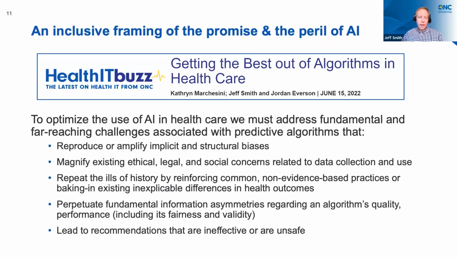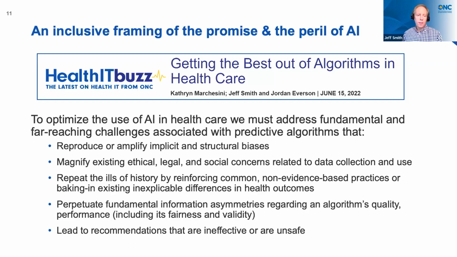So not too long thereafter, early in 2021, we started to look at how to improve the availability and the effectiveness and really optimize the use of algorithms in healthcare. So as part of a pretty broad landscape review, we issued a series of blogs.